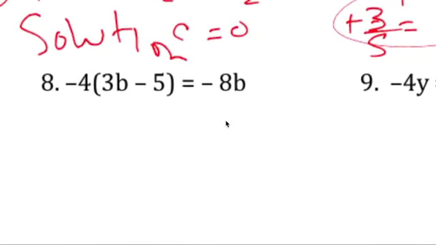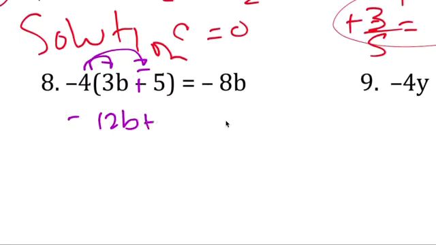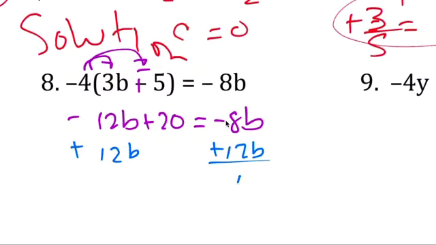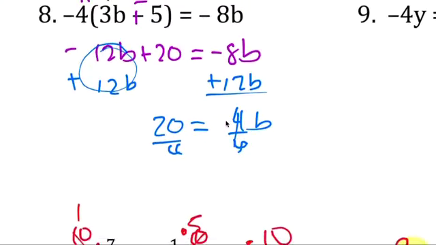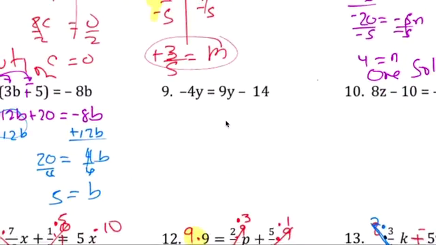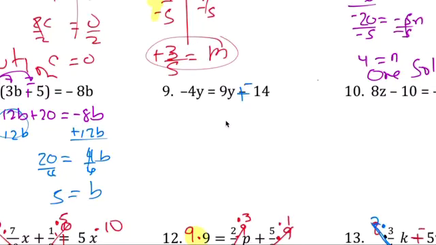Okay, number 8, additive inverse, multiply negative 12b plus a 20. Add 12b, 4b, 20 equals to that, divide by 4. Okay, additive inverse.